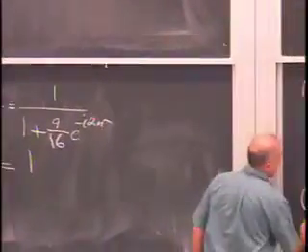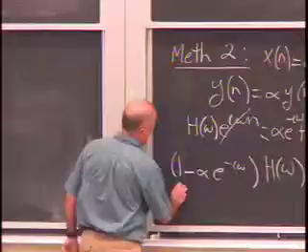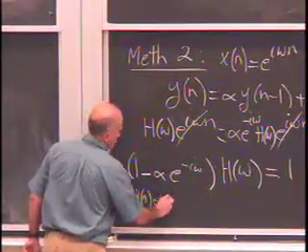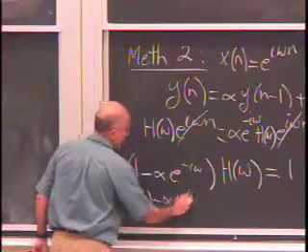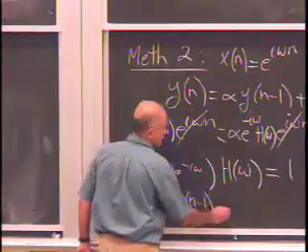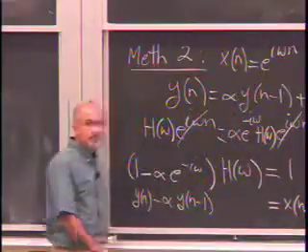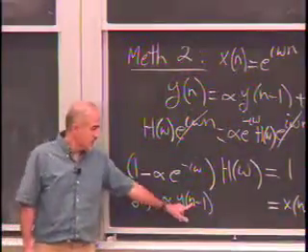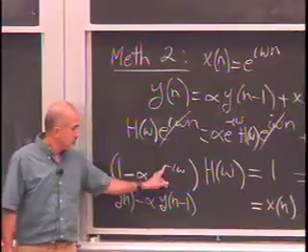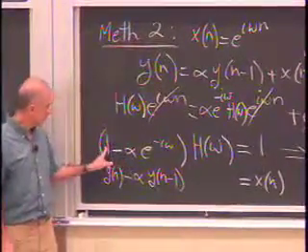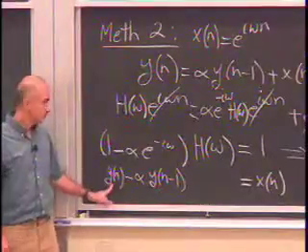Here I have y of n minus alpha y of n minus 1 is equal to x of n. Notice a delay by one sample corresponds to an e to the minus I omega. Alpha. No delay, y of n.